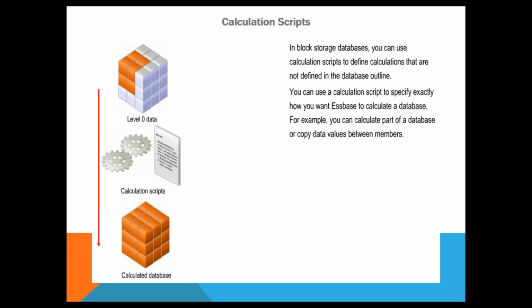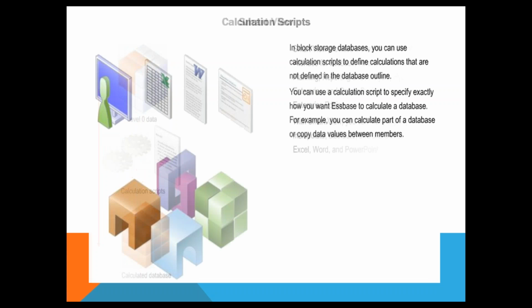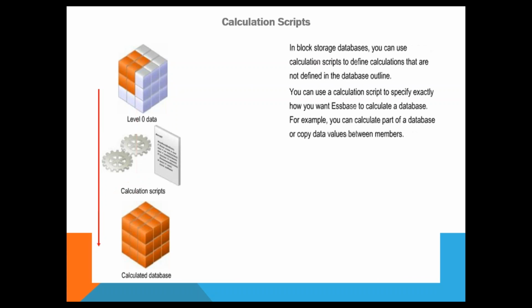You write a calculation script, you test it, and once it goes to production, you schedule it, so that during those hours or days he should be able to dice it up or slice it up. So that's the calculation scripts.